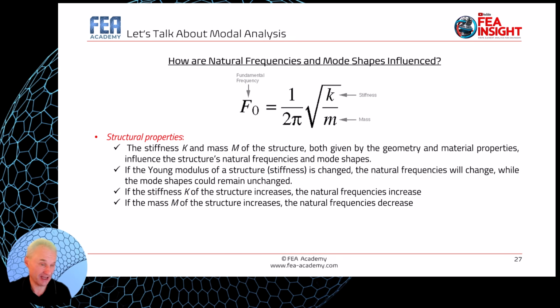On the other hand, if the mass M of the structure increases, the natural frequencies decrease. This relation between frequency, stiffness K, and mass M is very important to understand, because it explains how you will influence the natural frequency of the system that you are designing.